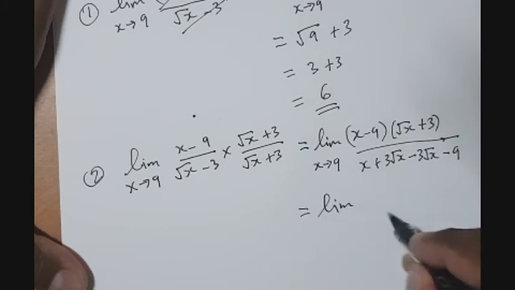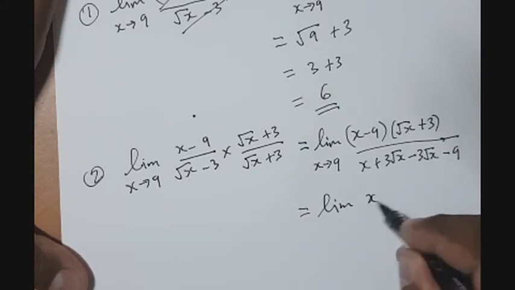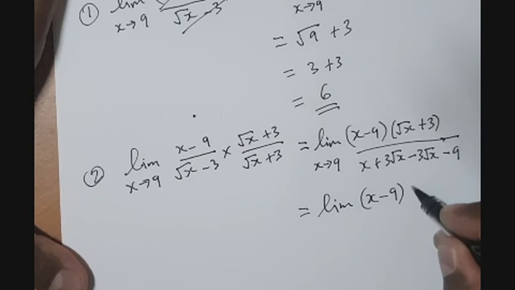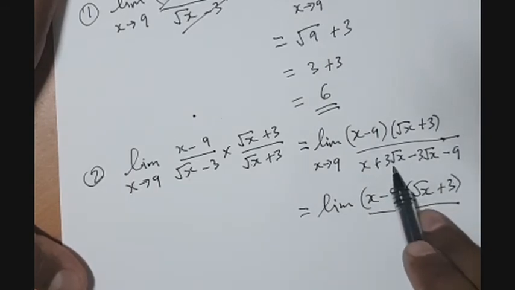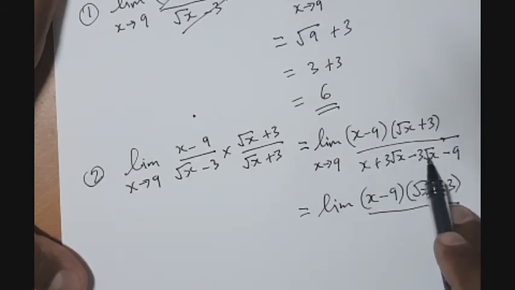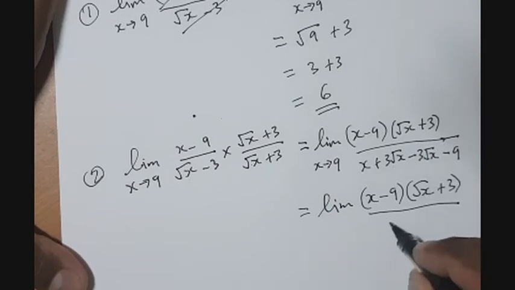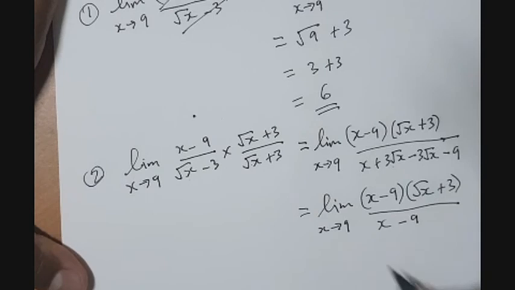Simplifying this gives us the limit of (x − 9)(√x + 3) upon, 3√x − 3√x will cancel out, so in your denominator you're left with x − 9, as x approaches 9.